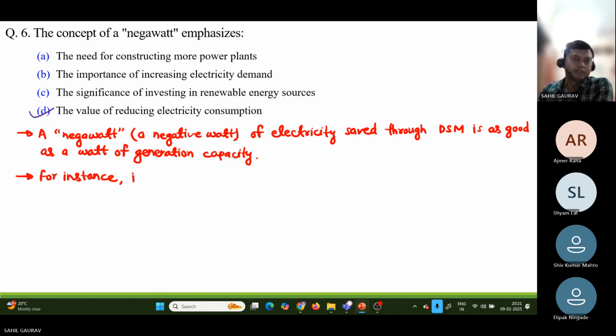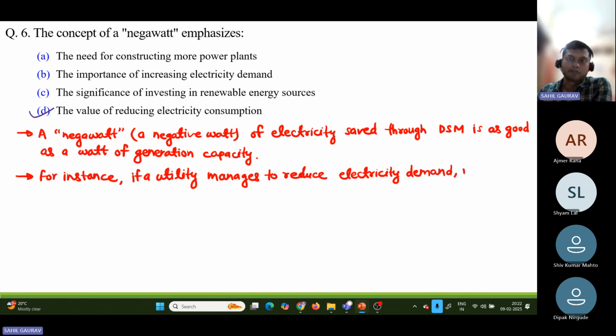For instance, if a utility manages to reduce electricity demand, it can postpone the construction of expensive new power plants.